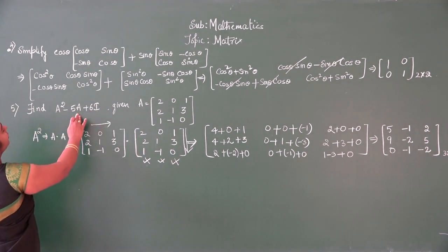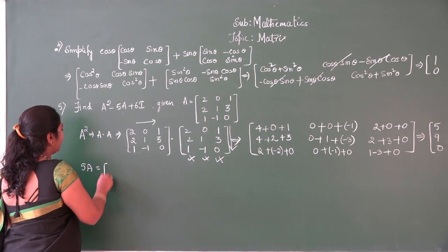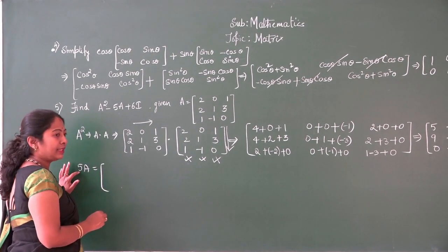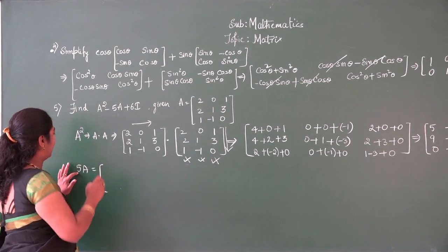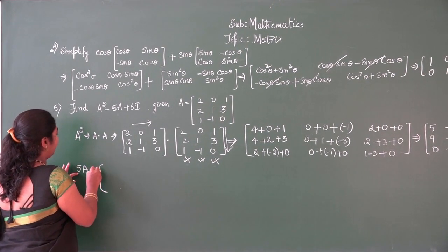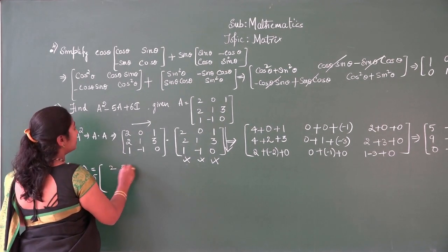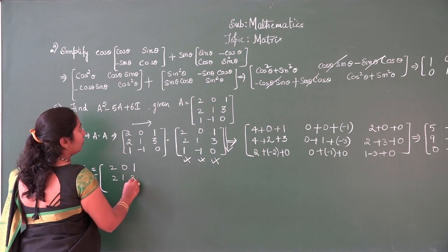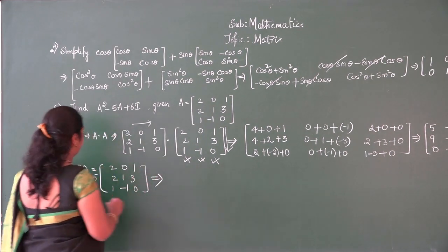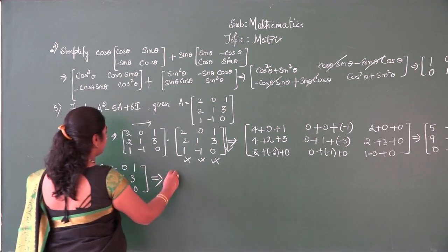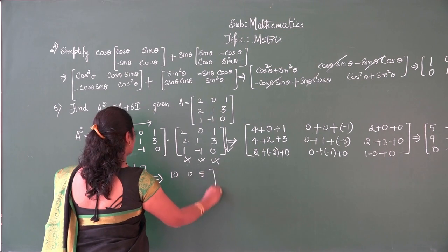Now we are supposed to consider 5A. What is 5A? 5 is a non-zero scalar constant which has to be multiplied with each element of the matrix A. That is 5 into 2, 0, 1, 2, 1, 3, 1, minus 1, 0. Scalar multiplication: 5 2s are 10, 5 zeros are 0, 5 1s are 5.